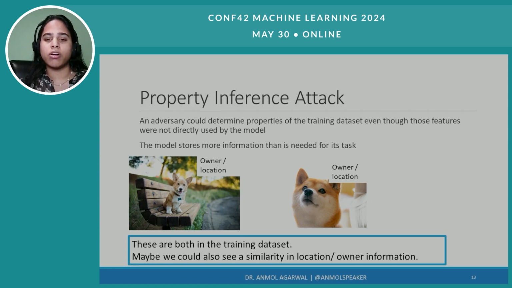Now, this might seem harmless when we're looking at dog images, but it can actually be very damaging if hospitals were to use machine learning algorithms to get some insights. Then maybe you could perform a property inference attack and gain access to healthcare records, patient information, protected information about patients like ethnicity or their gender or their age, and that's private information people don't want to give out.